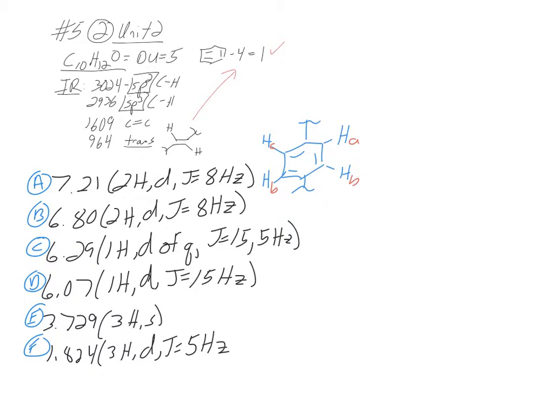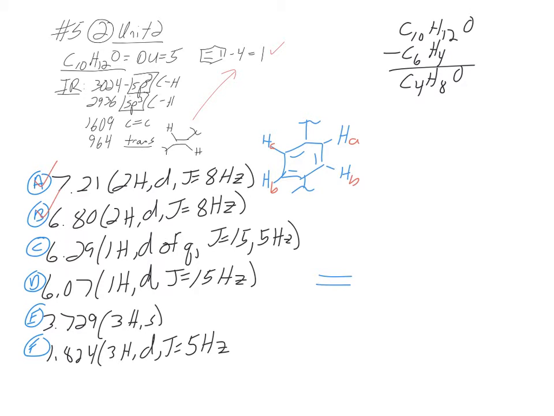So now for my molecular formula, which is C10H12O, I'm going to subtract C6H4, leaving C4H8O, so that I can check off A and B. I knew I had to have an alkene for my IR as well.